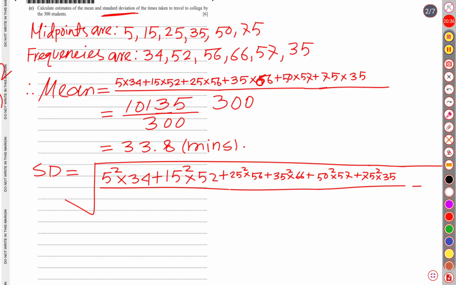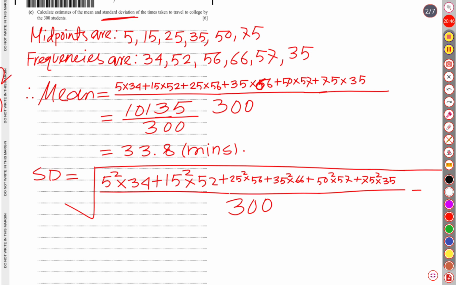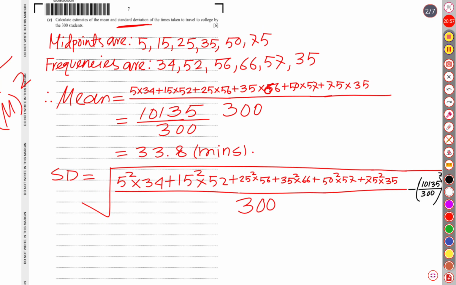N is our total number of data, which is 300. Then minus the mean squared, where our mean is 10135 over 300. So we have inserted all the information, and the standard deviation is the square root of variance.